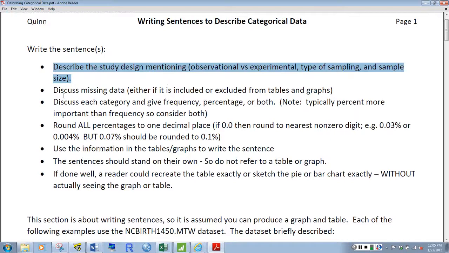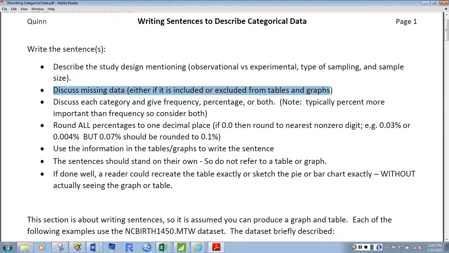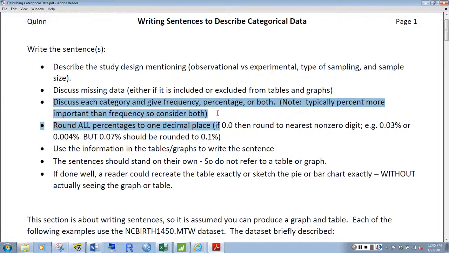The second one says you should discuss missing data, particularly if it's included or excluded from the tables and graphs, and be consistent about this. Discuss each category and give the frequency, percentage, or both. I'm going to tell you that typically percent is more important than frequency, because if you're giving frequencies, people in their head are trying to calculate the percentages, so why not make it easier on them and give them the percentages?